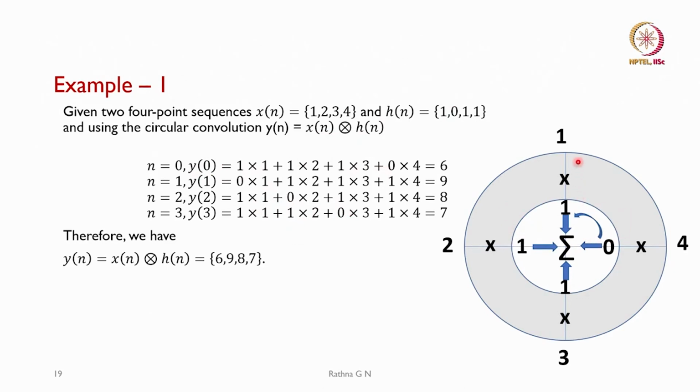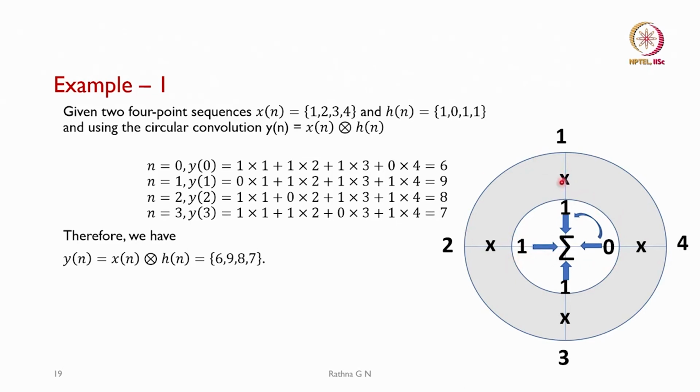So, my x of n is 1, 2, 3, 4. It is written in this way anticlockwise, and then h of n is 1, 0, 1, 1 in the clockwise. Sorry, h of n is in the clockwise, the x of n is in the anticlockwise.